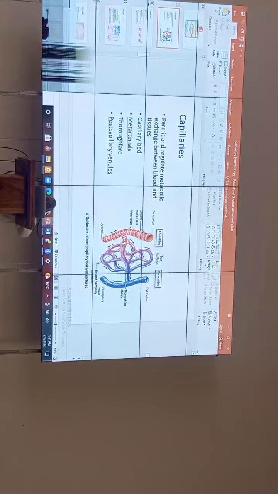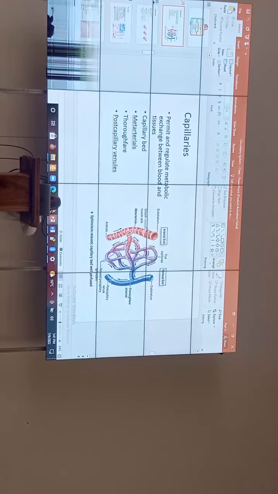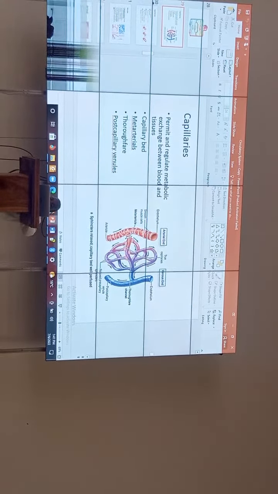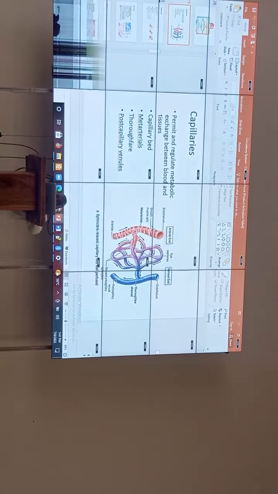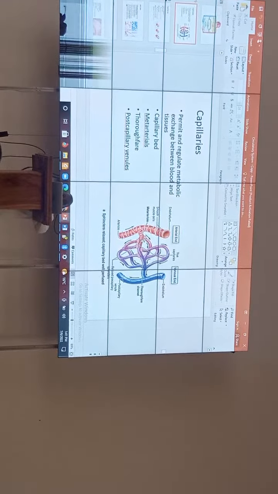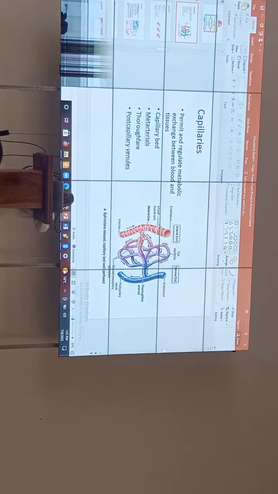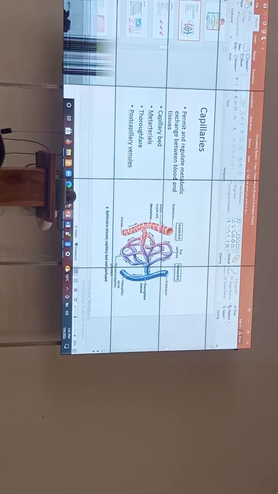Can you see what is happening here? This is depicting what is happening there, where from the arterioles through this meta-arteriole, which is supposed to lead into the capillary bed. Remember there were sphincters here, so they close, and then blood will just flow directly into the venule.